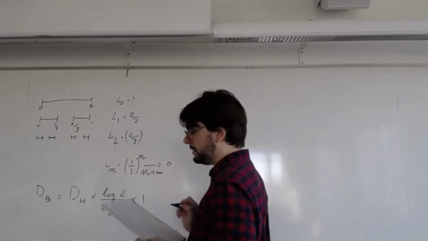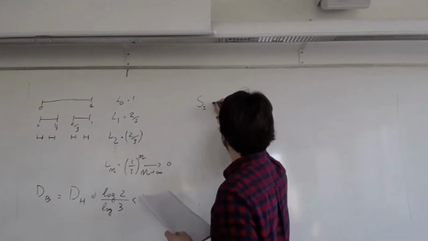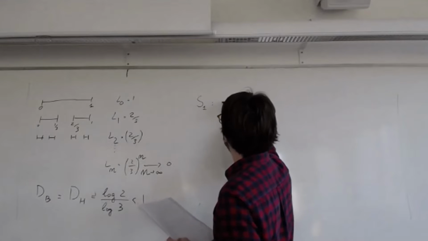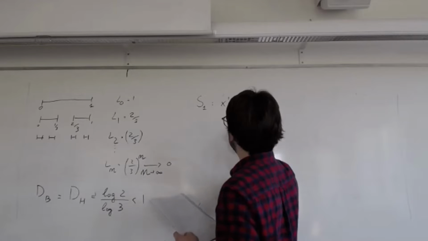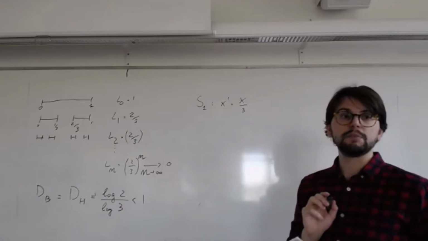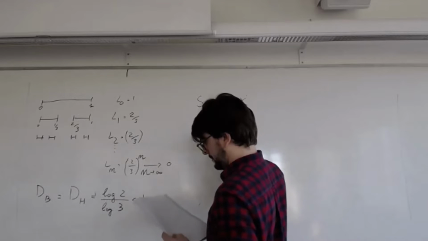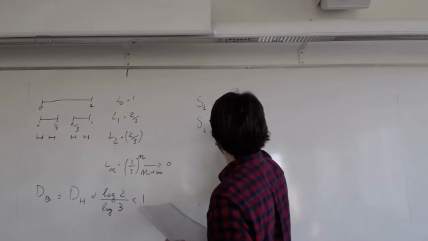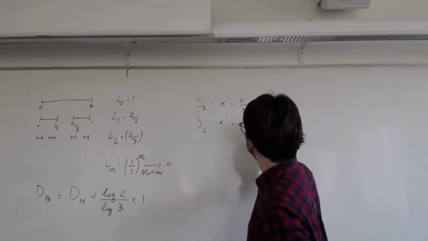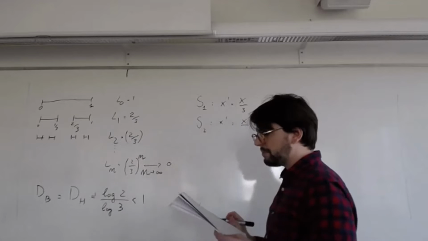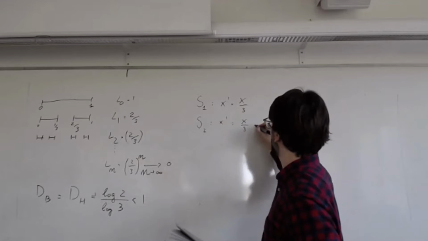So I have a first piece, S1, which I define by the fact that x prime takes x and maps it to x divided by 3. And then I have a second piece where the next iteration is given by taking a given x and mapping it to 2/3 plus x divided by 3.